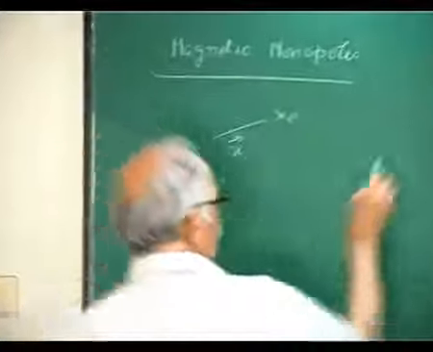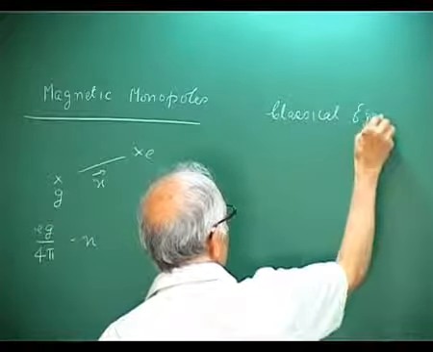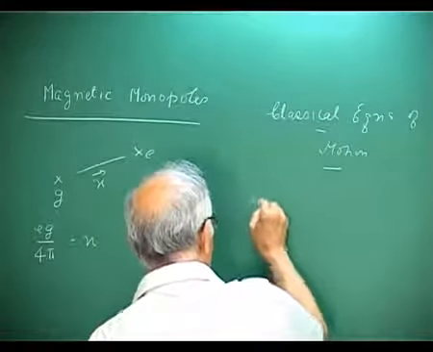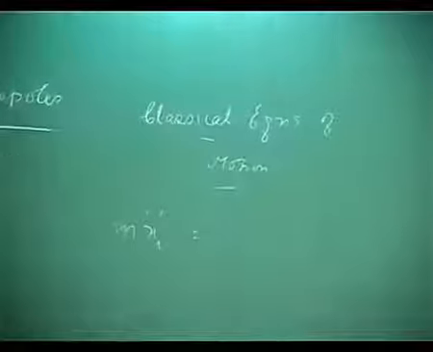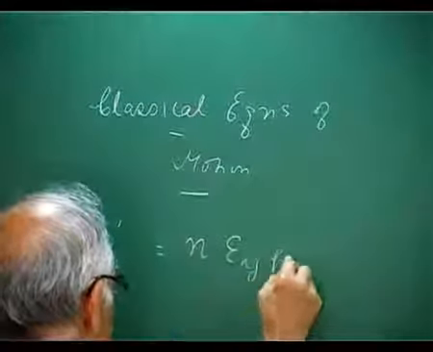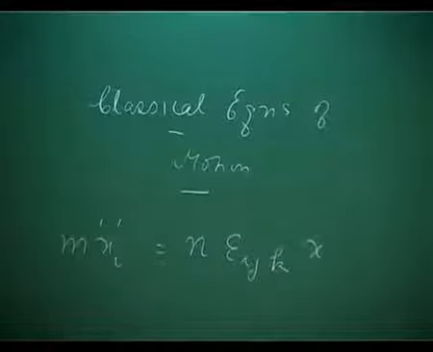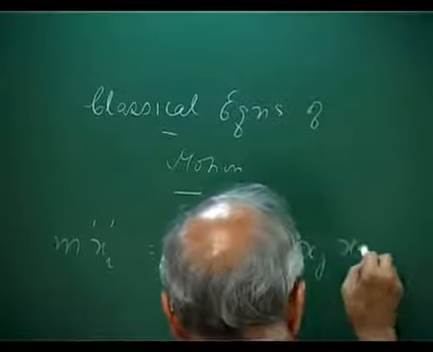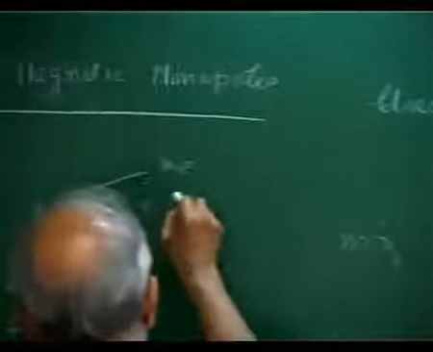Let us look at the classical equations of motion. Here the classical equations are given by the Lorentz force equation, E times V cross B. In my notation this is n epsilon ijk x j x k dot over r cube, where r is the modulus of this distance.